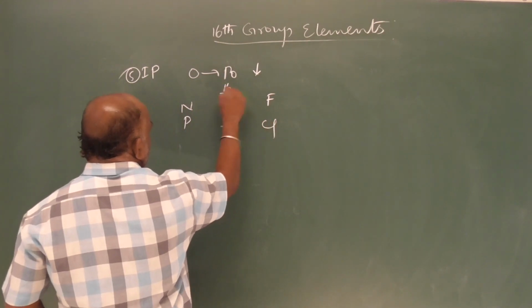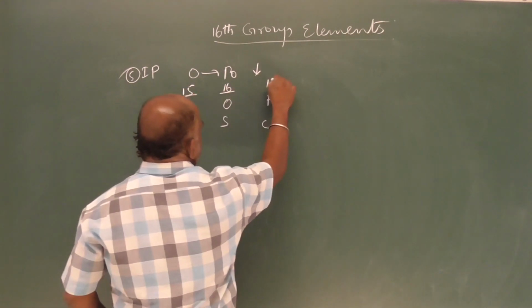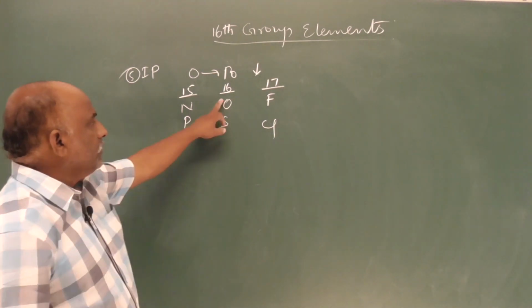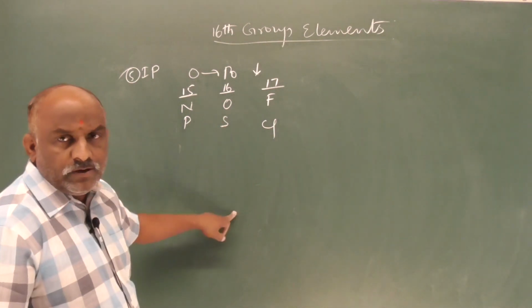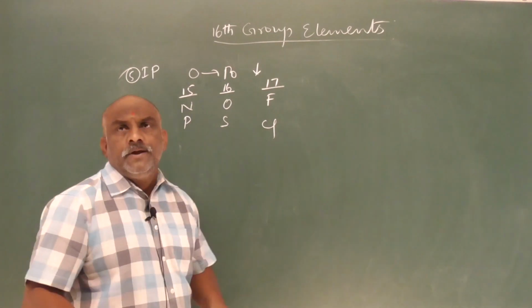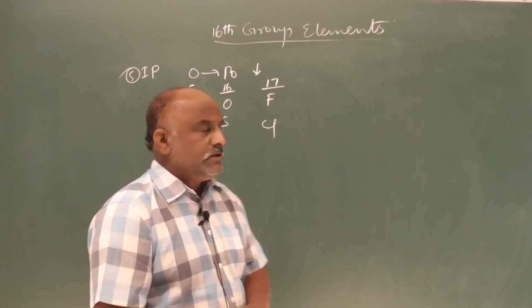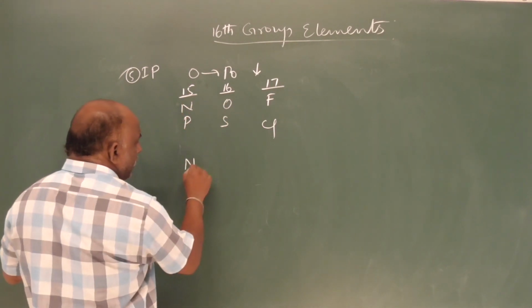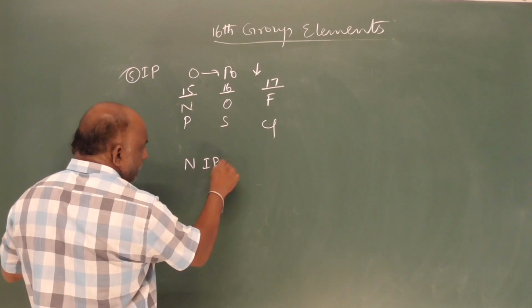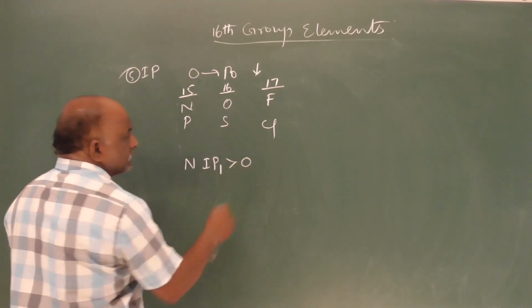It is the 16th group, it is the 15th group, it is the 17th group. Going from oxygen to sulfur IP decreases, sulfur to selenium, selenium to polonium, directly down the group IP values continuously decrease. While comparing with the 15th group elements, nitrogen IP1 is greater than oxygen.